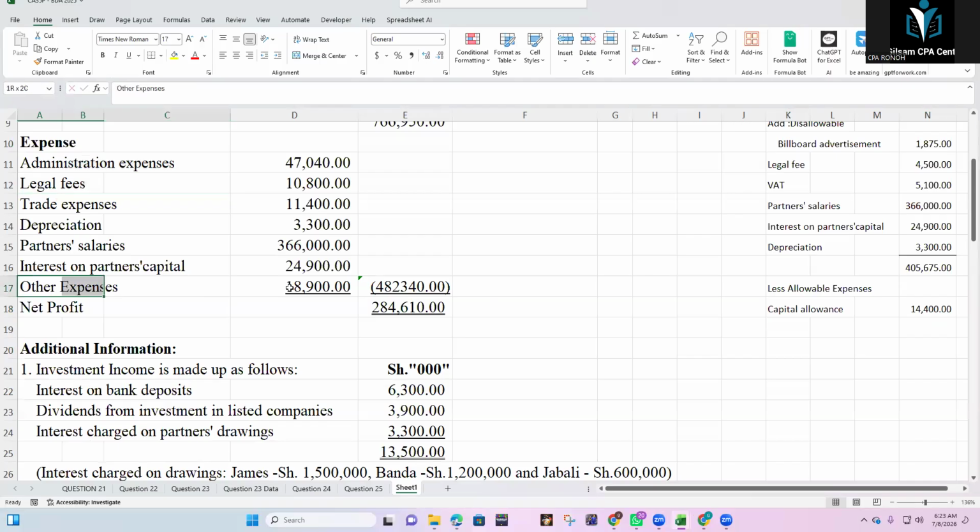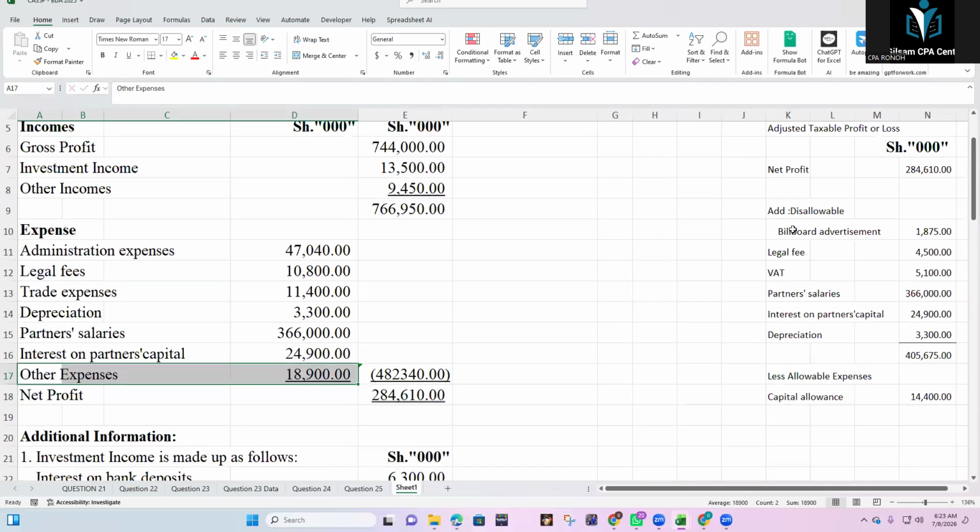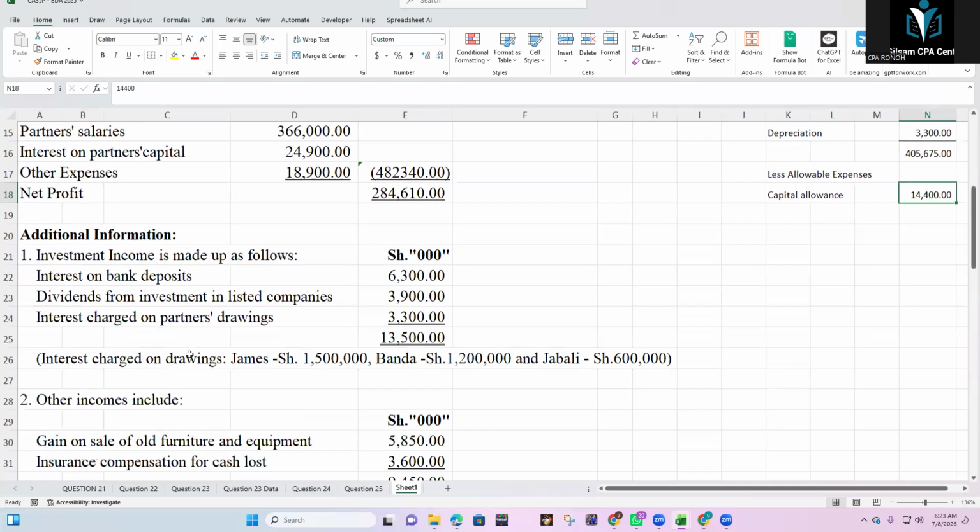There are others like this one. It is, yes, allowable, but they have been deducted, so we cannot deduct again. That will be doing double deduction of expenses. The reason why we are deducting this is that we have added back depreciation and then we replace it with this, so that you don't get confused in exam.